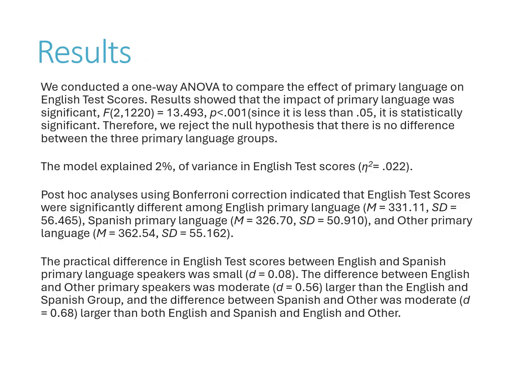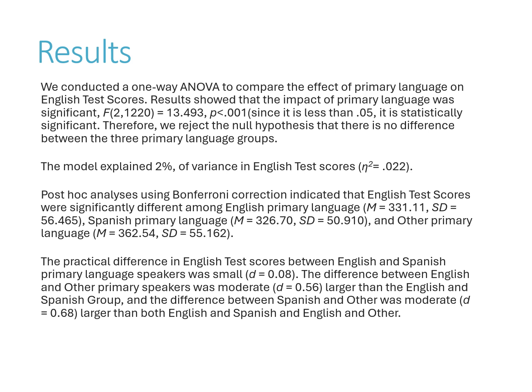The result from the one-way ANOVA is that primary language affects English test scores. Our analysis yielded an F statistic of 13.493 with degrees of freedom 2 and 1,220 and a p-value below 0.001, which is under our 0.05 threshold for statistical significance.